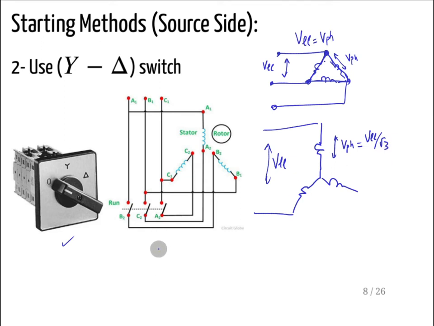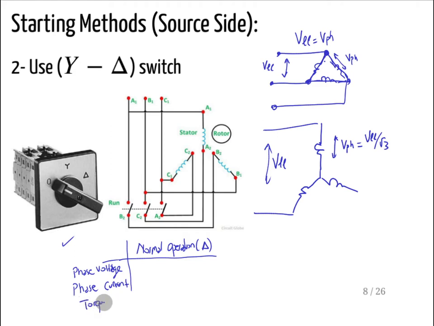Let me write here: in normal operation, which is delta, we have the phase voltage, the phase current, and the starting torque.